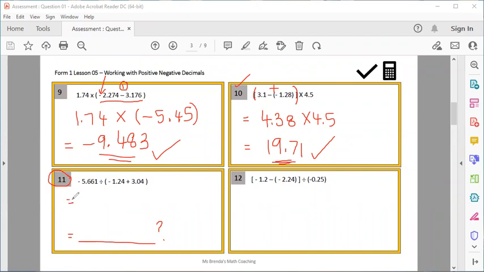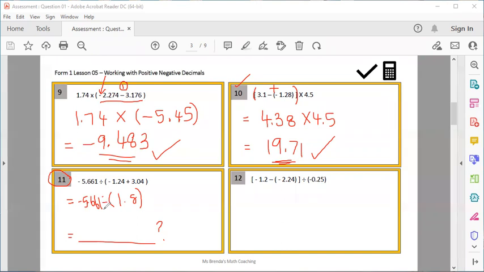Okay, let's check your answers now. Divide by, so do what's in the bracket first. So the bracket starts with a negative, right? So negative minus 1.24 plus 3.04, and you would have 1.8 inside the bracket. But you have a negative 5.661 divided by 1.8.